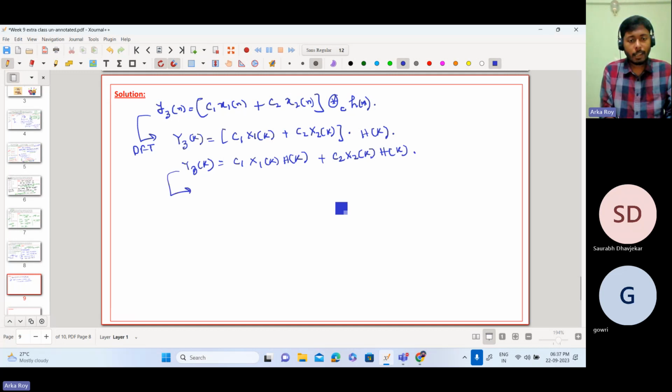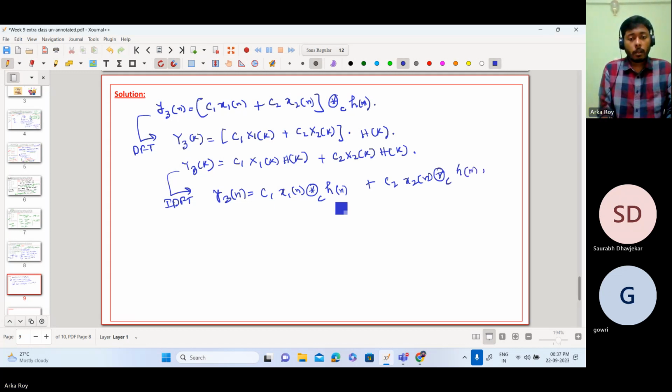So if I now take the IDFT, it will be what? y3(n) equals c1 x1(n) convolution, and this is circular convolution because we are taking the IDFT, with h(n), and then c2 x2(n) circular convolution with h(n).